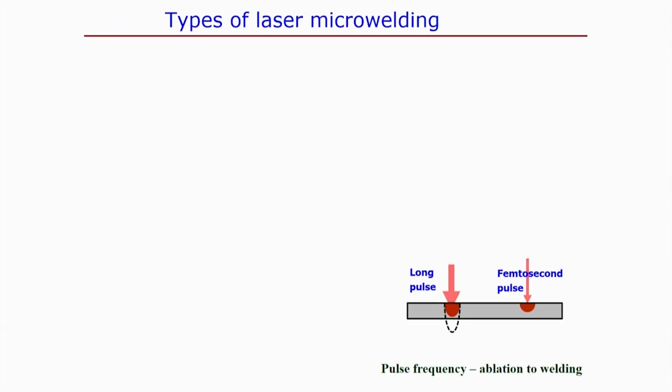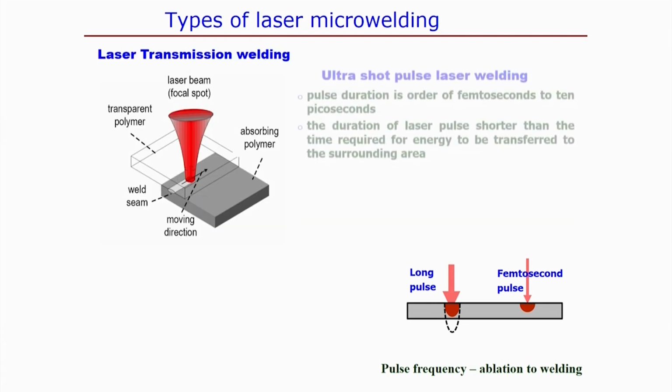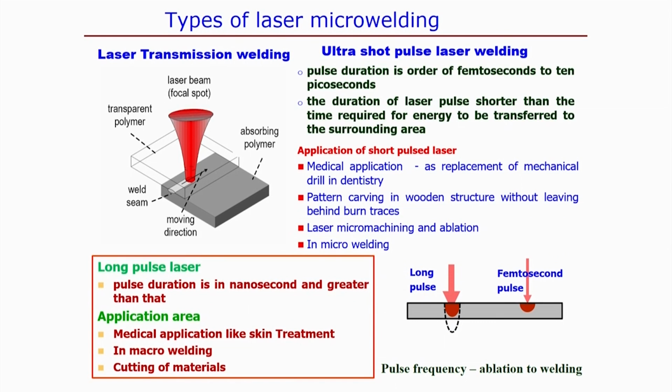Now, further, what are the different types of laser micro welding process? First we see laser transmission welding, and we will try to explain what laser transmission welding is. From the figure it is very clear that the laser beam is focused on the substrate material, and over it there is a transparent polymer, and on the bottom side there is an absorbing polymer.